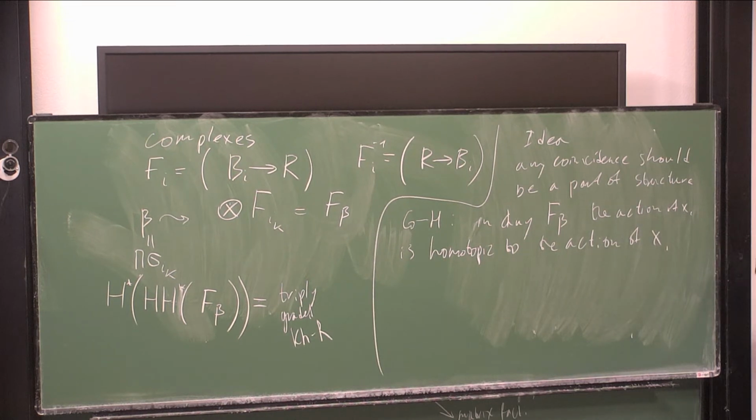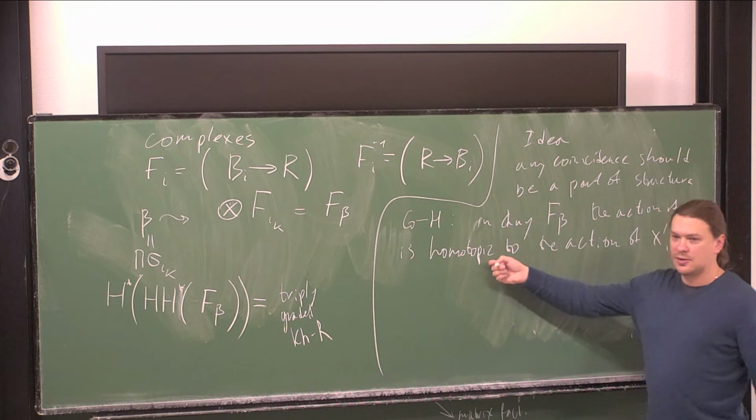If it's not pure, it should permute the indices. But just for simplicity, let's just say so. I hope it's clear what I mean. So how do you put it as a part of a structure? Well, let's fix these homotopies.